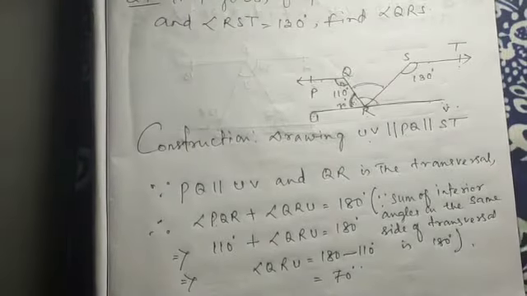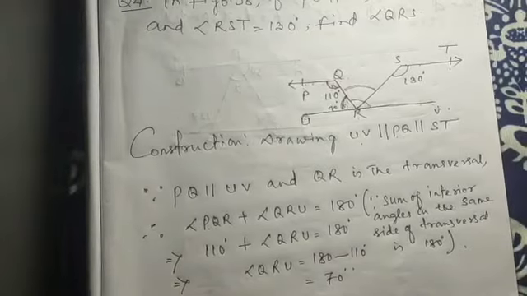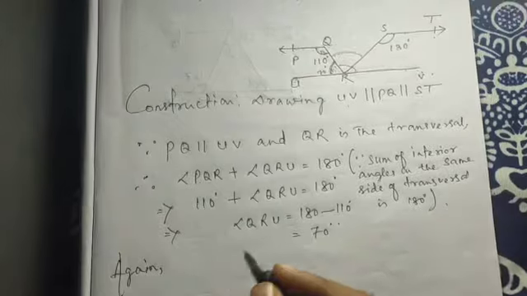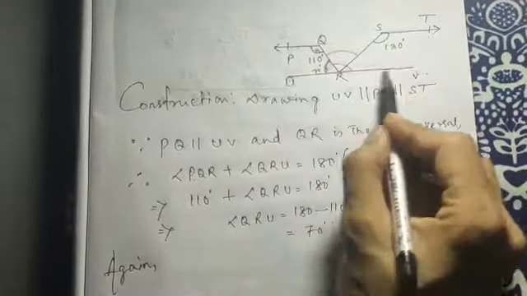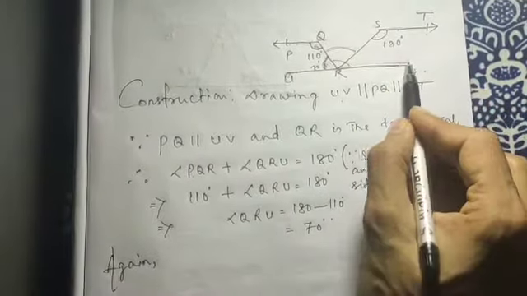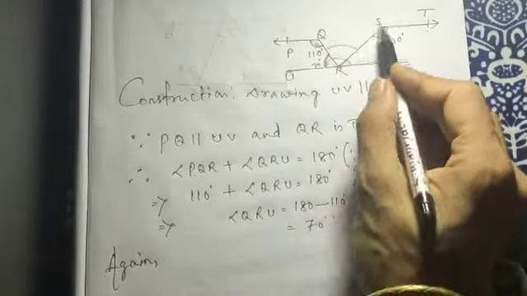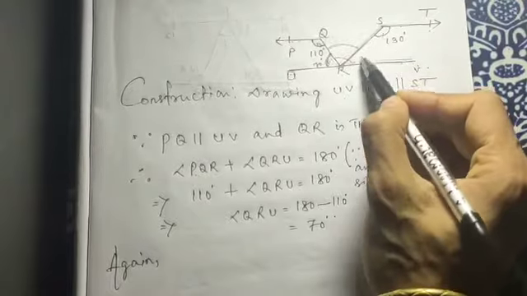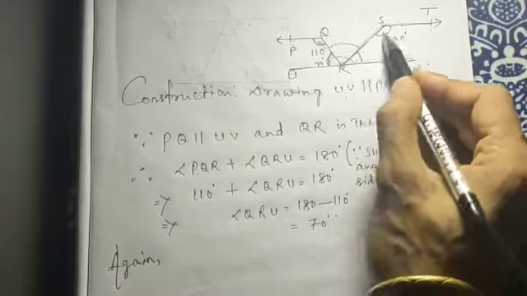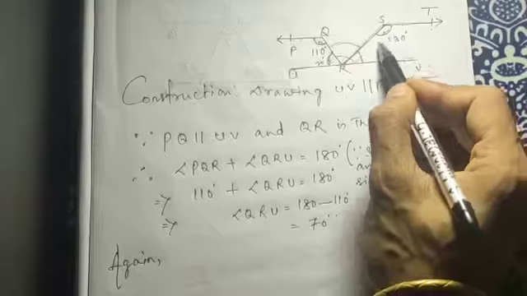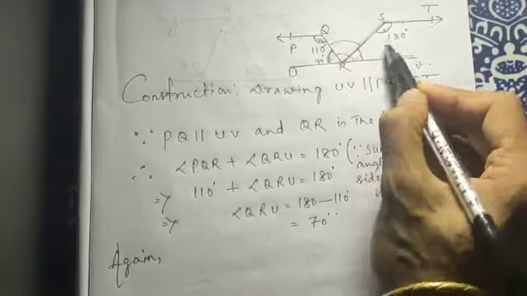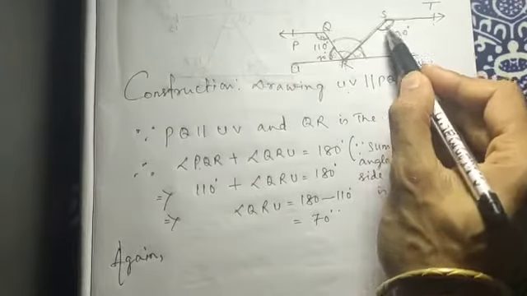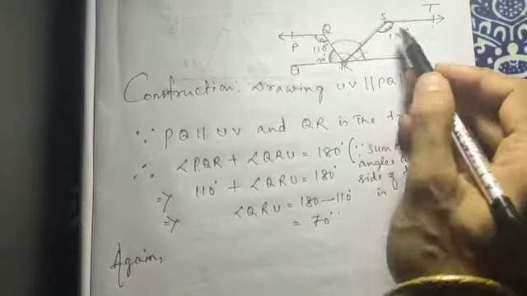Done. Now again, this ST is parallel to UV, yes or no? This ST also is parallel to UV, and here SR is the transversal, and these two angles, TSR and SRV, are the interior angles on the same side of the transversal.